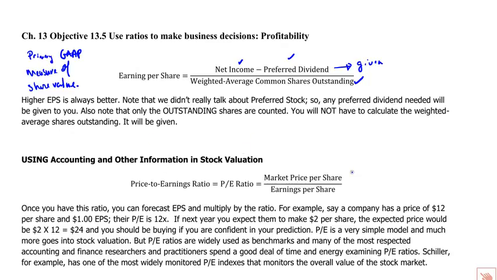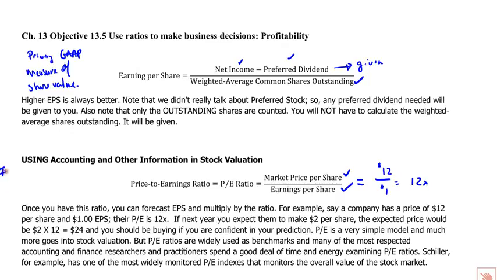And one of the most valuable ways to use it is in the PE ratio, market price per share over earnings per share. So let's say a company has a price of $12 per share and earnings per share of $1. The PE ratio is 12 times.